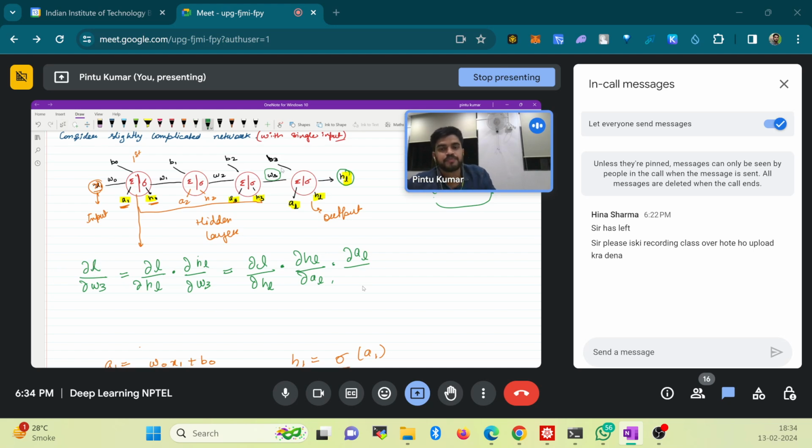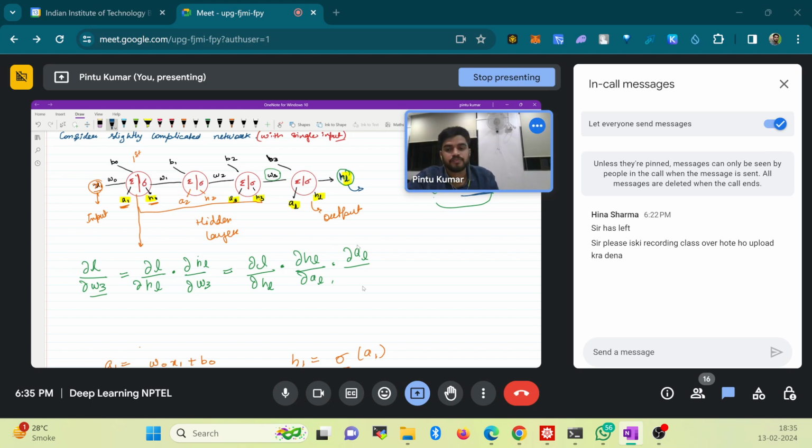Okay, so right now what I'm trying to do is I'm trying to find the gradient of loss function with respect to the weight of my third layer. Okay, so using the chain rule, what I can do is I can write it as derivative of L. So this is my final output that I have. My neural network is outputting HL as the final output, and I can directly put it in loss function, right? So my loss function is y minus HL whole square.